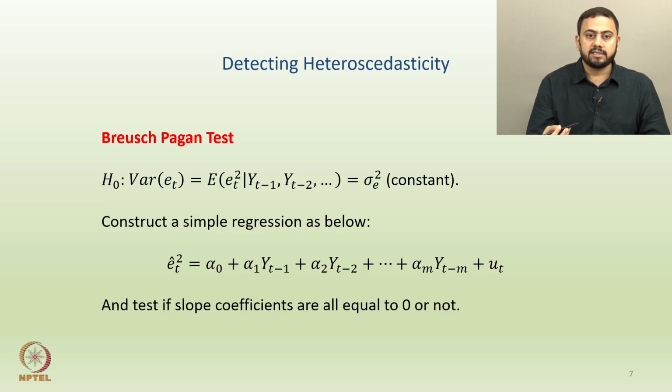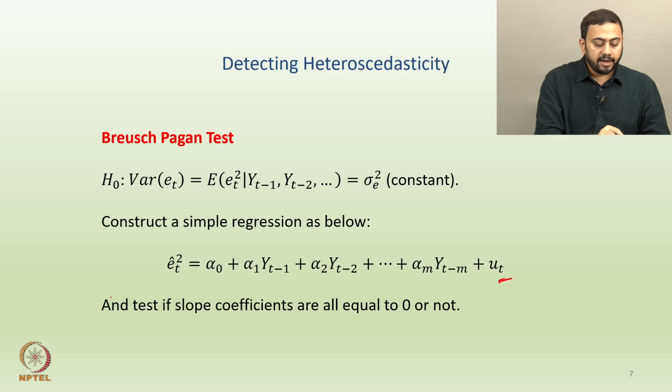In White's test we base those terms on the yt minus 1 square, yt minus 2 square, or yt minus 1 into yt minus 2 terms. But in this regression you do not see any such terms. This is a more simplistic looking regression: alpha naught plus alpha 1 yt minus 1 plus alpha 2 yt minus 2, all the way up to alpha m yt minus m, plus the error term.